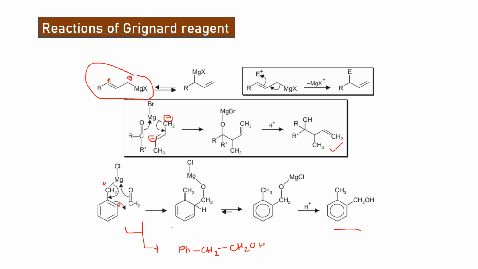So this does not form. If we would attack from the CH2 position, it would give this as our product. The driving force of this rearrangement is the stable cyclic transition state.